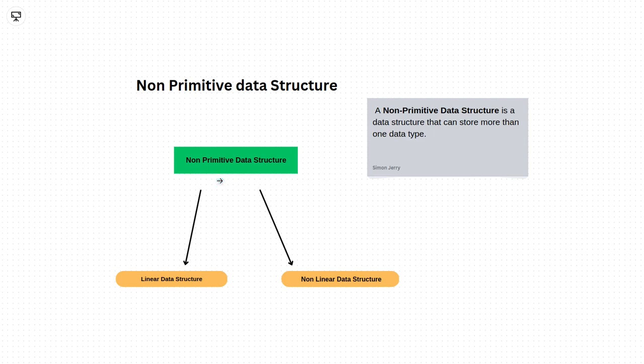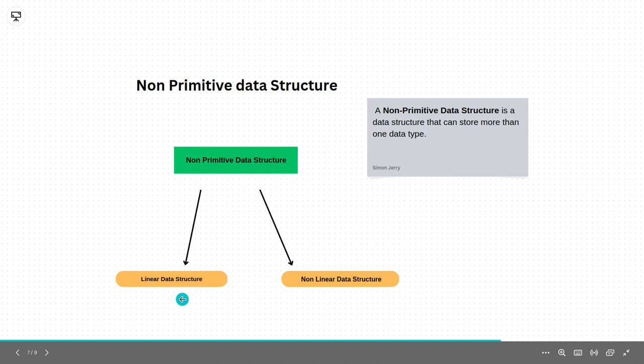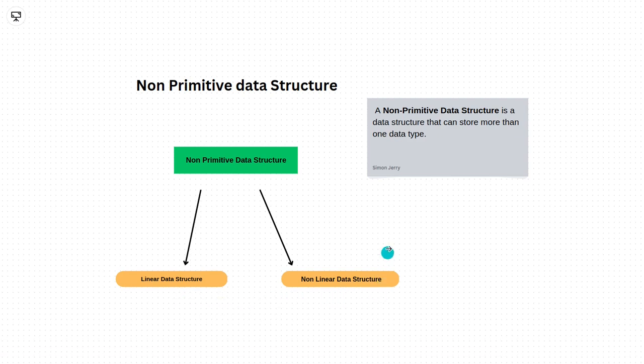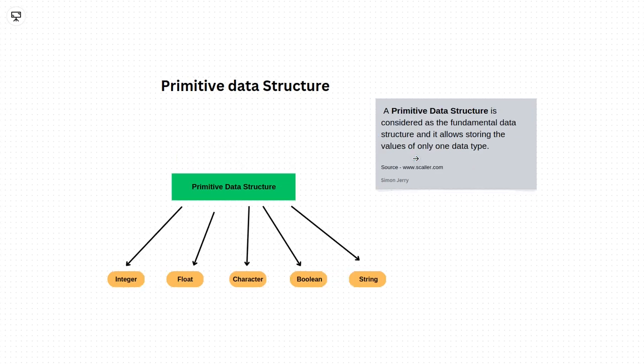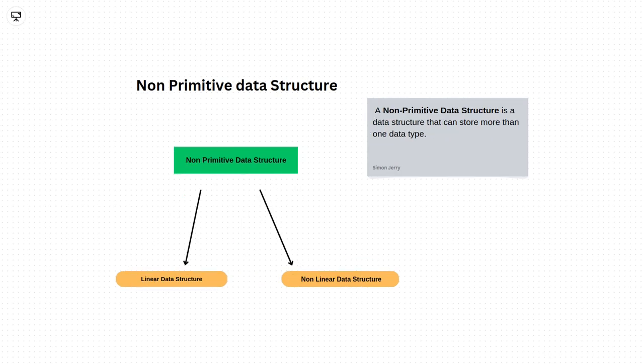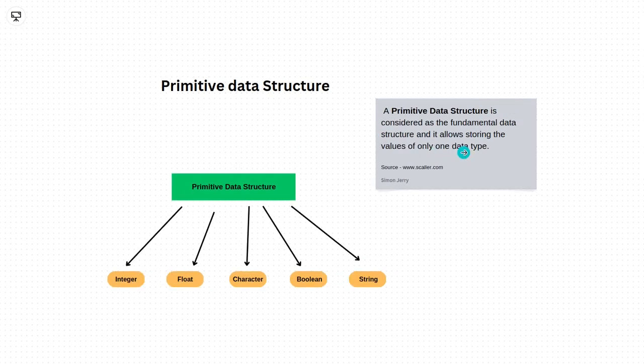Non-primitive data structure has two types, which are the linear data structure and the non-linear data structure. I want you to understand the difference between the primitive data structure and the non-primitive data structure. The primitive data structure can store only one type.